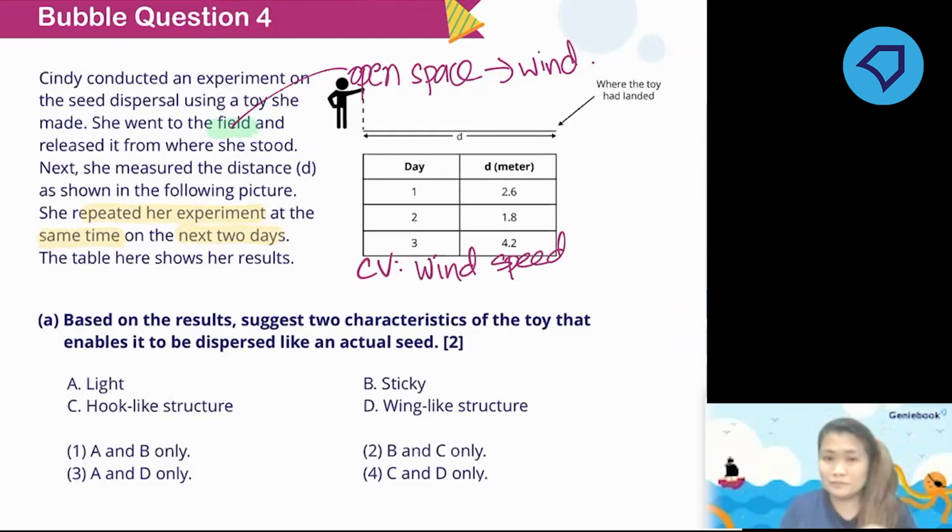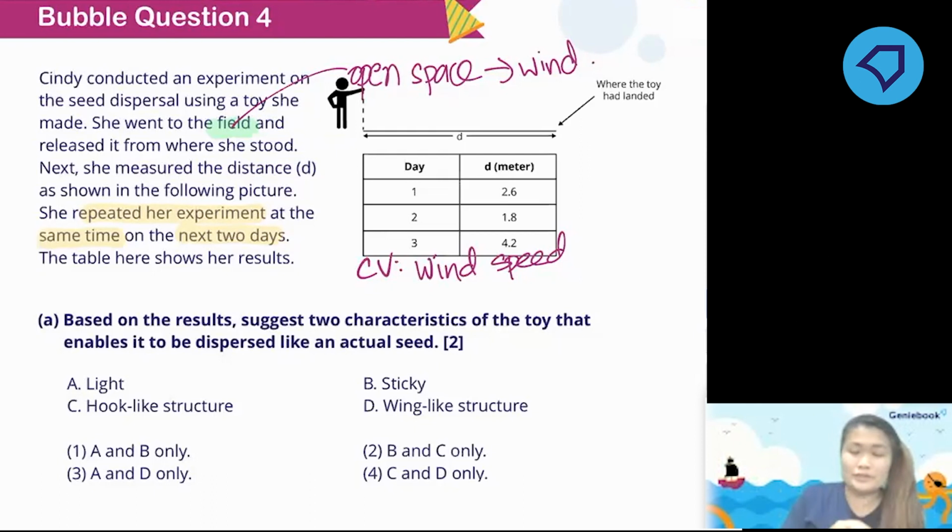But it didn't. And on the 3rd day, wow, suddenly it travels so far, 4.2 meters. So the distance that it travels is different, and everything else is kept the same. So the only change variable here would be the wind speed, the speed of the wind.